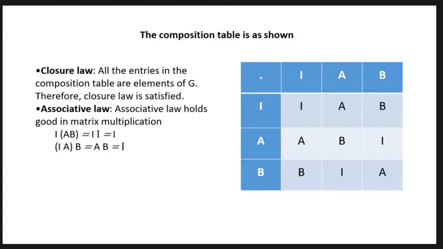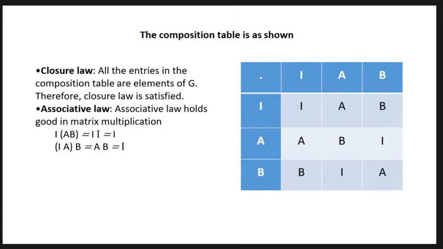Then the associative law also holds good in matrix multiplication, because let us take I into AB, which is I into I, because AB is equal to I, and that is equal to I itself.